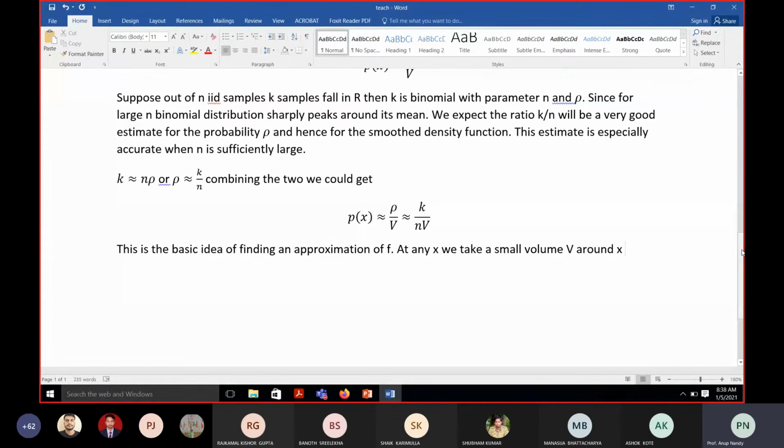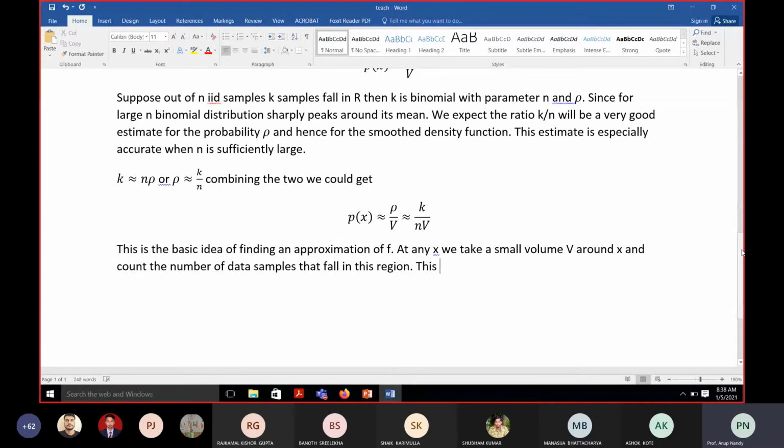Instead of a sphere, you could take a hypercube, or a cube, in this way. So at any x, we take a small volume capital V around x and just count the number of data samples that fall in this region.